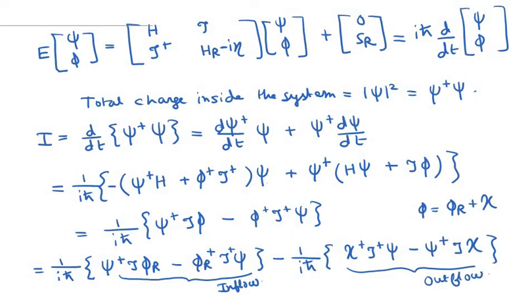Okay, so let me write it in a different way. The total current that enters from the contact into the channel is equal to the net current that enters from the contact into the channel, which is I in, minus the current that gets out of the channel into the contact, which is I out.